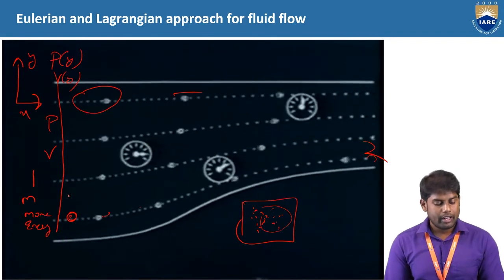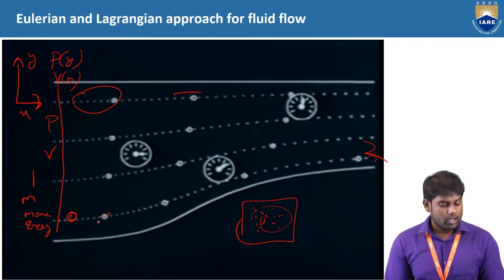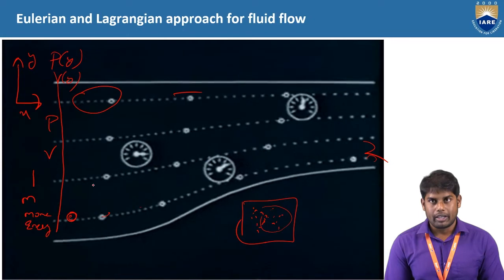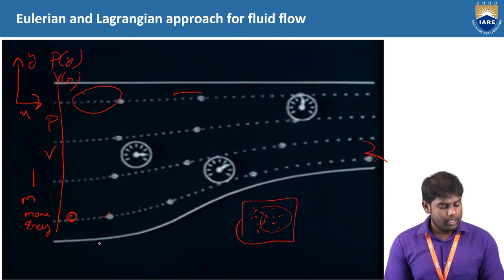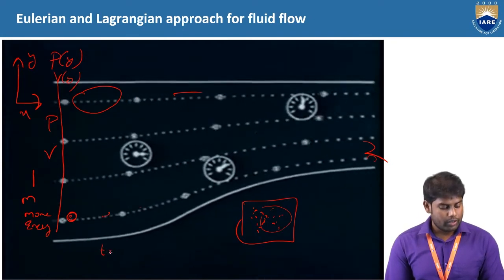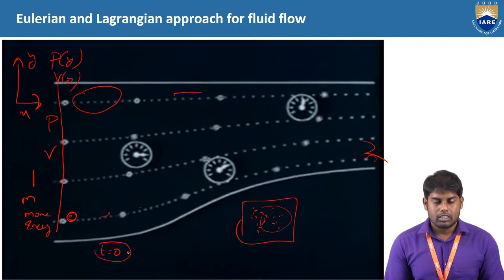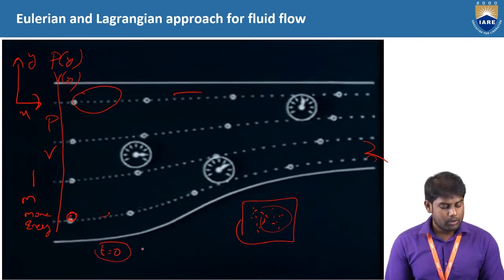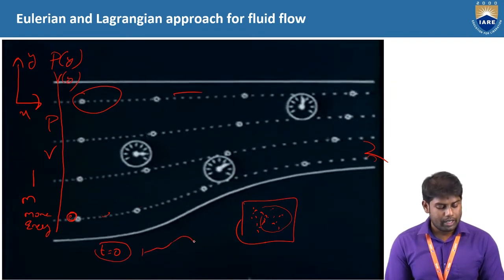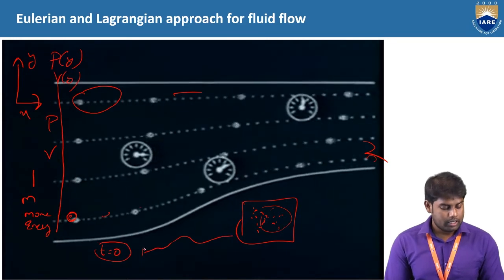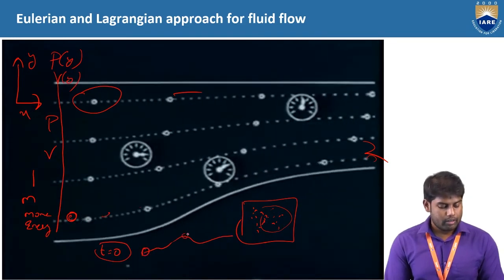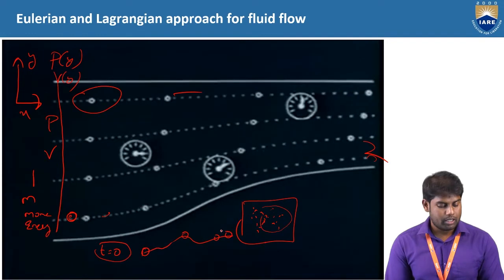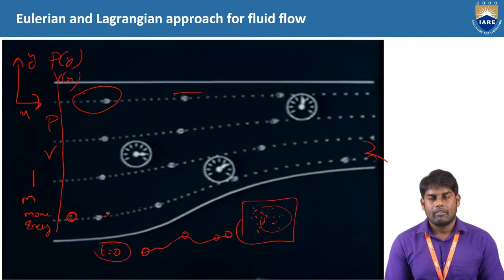In the case of the Lagrangian approach, basically you will see the behavior of a fluid particle. At t equal to 0, the initial time, what is its position, and with that position the tracking of these fluid particles will happen. Let's say this is the fluid particle, it is going from here, from here, from here. So this tracking will happen.